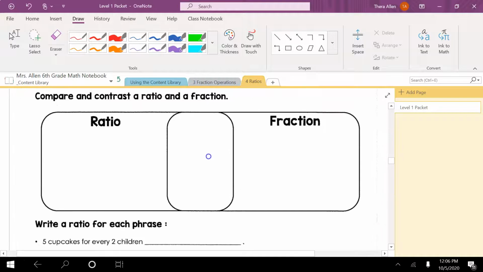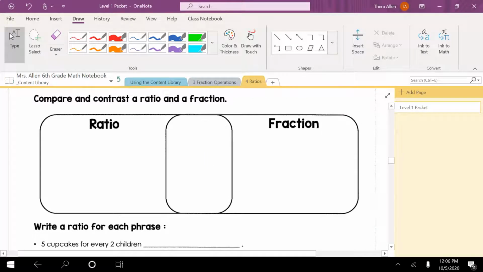Now let's compare the differences and similarities between a ratio and a fraction. First of all, a ratio can compare different types of units. For example, like we did cats and dogs with our number lines.